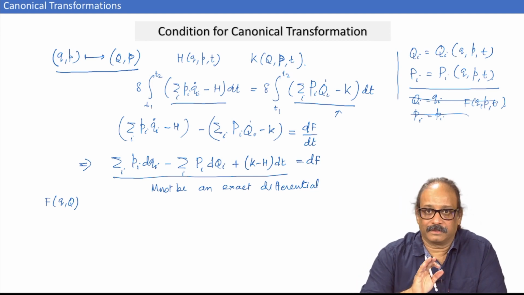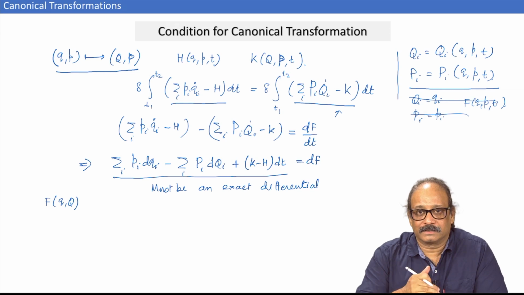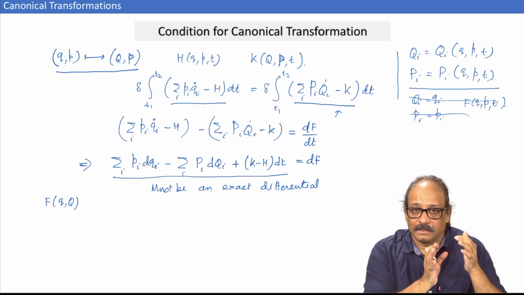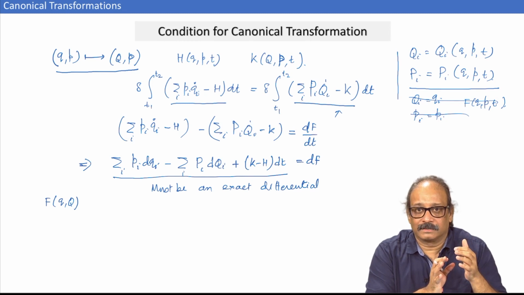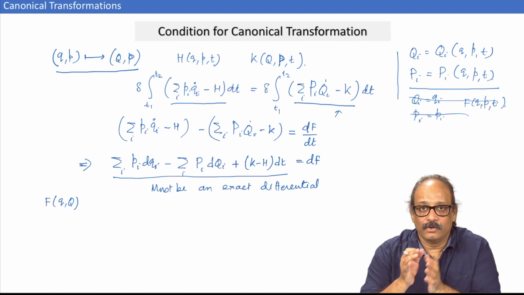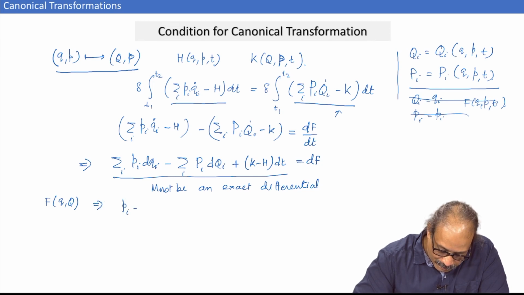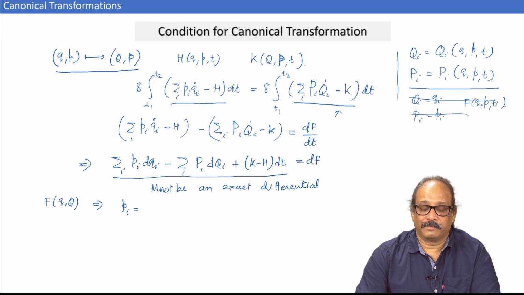So, let me for the time being assume that you can express this F as a function of n old generalized coordinates, canonical coordinates, and n new canonical coordinates. Okay. So, if this is the case, then you can immediately write down pi. And what must be pi?